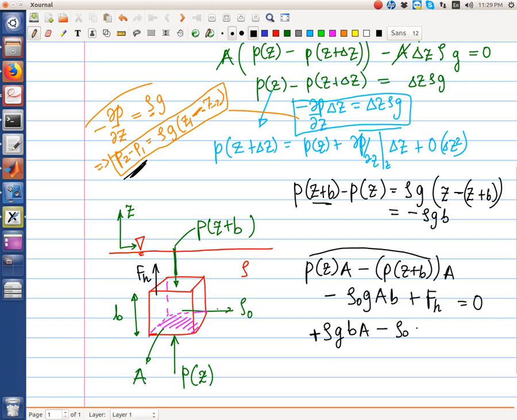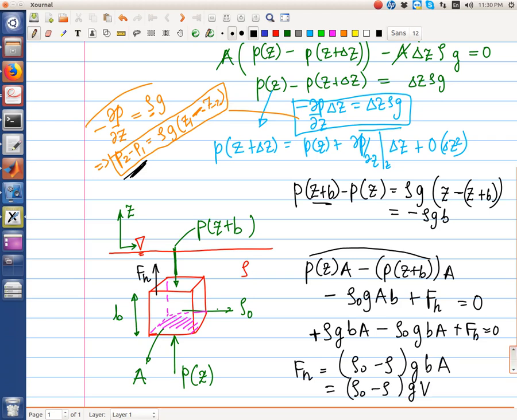Minus rho 0 G B A plus FH is equal to 0. So FH is equal to rho 0 minus rho G B times A. So this is also equivalent to rho 0 minus rho times G into volume.